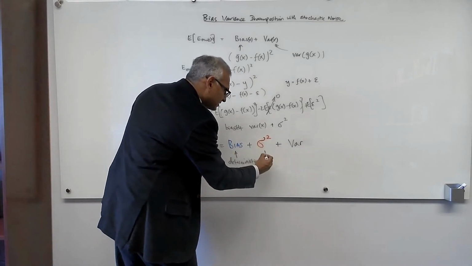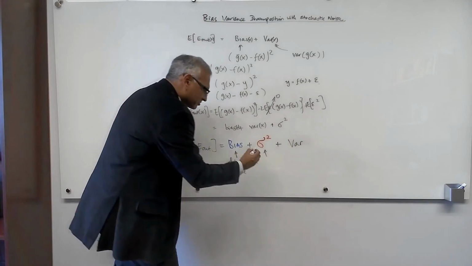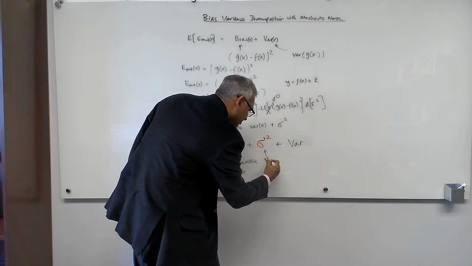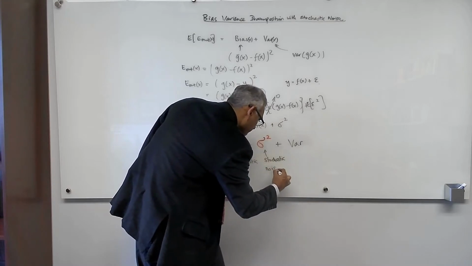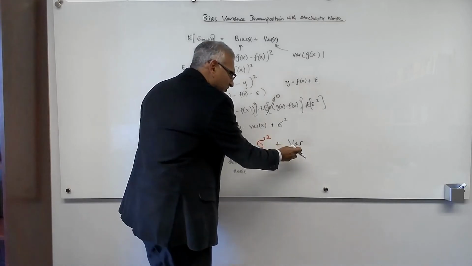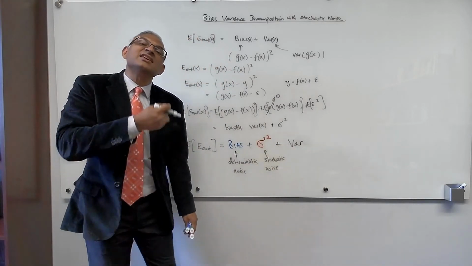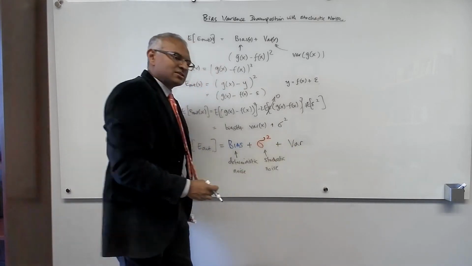So this can be interpreted as the deterministic noise. Well, this guy is exactly the stochastic noise. By definition, it's the variance of the measurement error. So this quantifies the stochastic noise. And this variance is the interesting guy. What is this variance? This variance is in some sense the indirect impact of these two types of noise. What is it arising from?